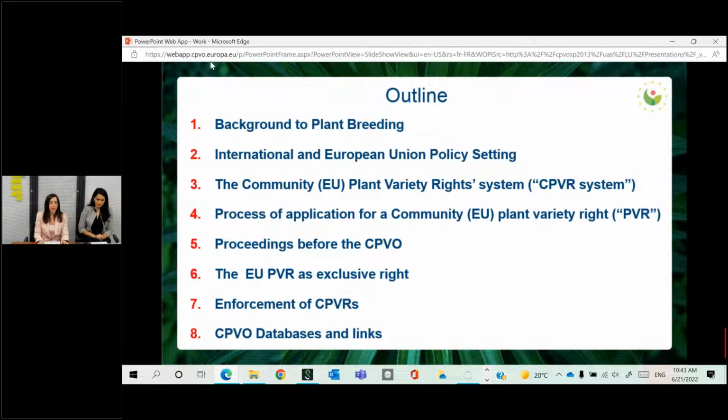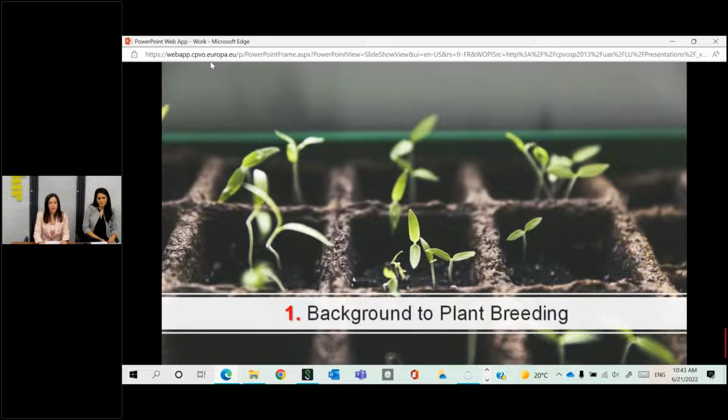Then we will present all the basic elements of the community or European Union plant variety rights system. And finally, we will be providing some interesting links and refer to our databases. So without further ado, let's begin with the first topic, which is this necessary background to plant breeding.